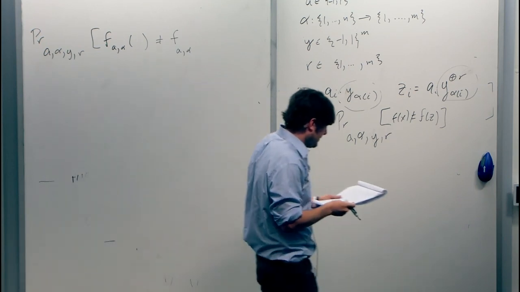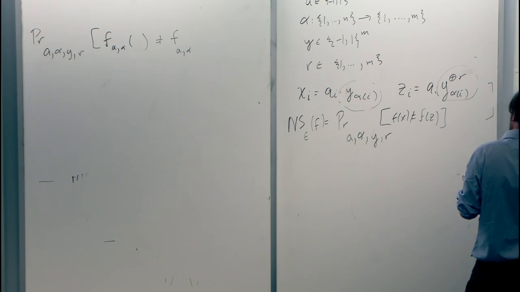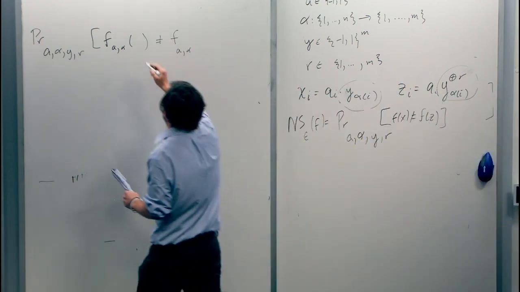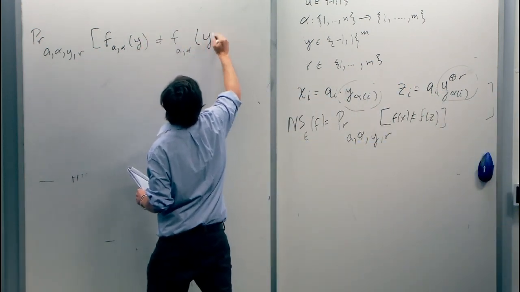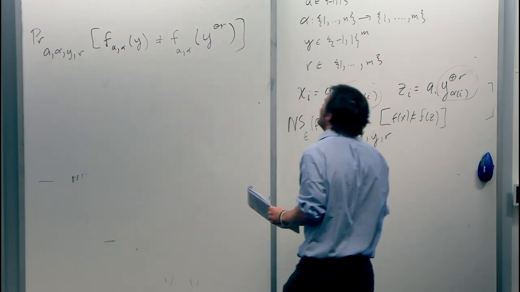But f of x is not equal to f of z. Adam, this is what you wrote there. Yeah, f of A, alpha, y is not equal to f of A, alpha, y. Yeah, that's what I mean. Thank you. Right.